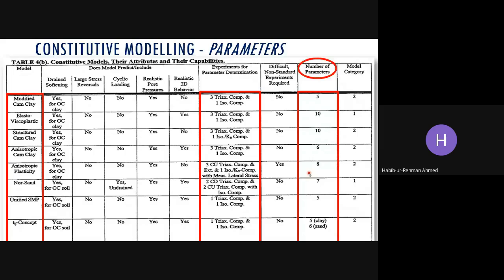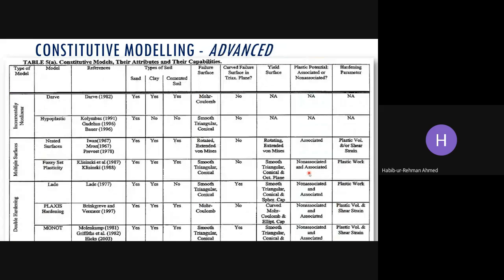Now, if I move into further advanced models, which I don't want to go into but just to introduce you, we have incrementally nonlinear, we have multiple surfaces, and we have double hardening models.